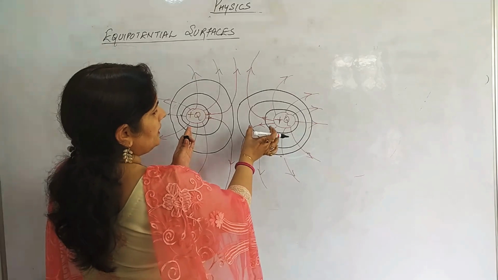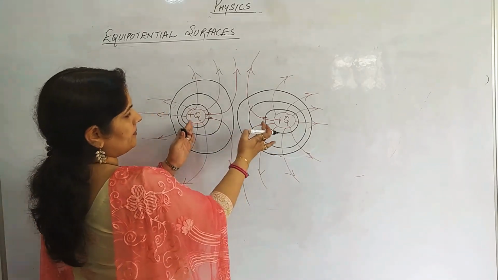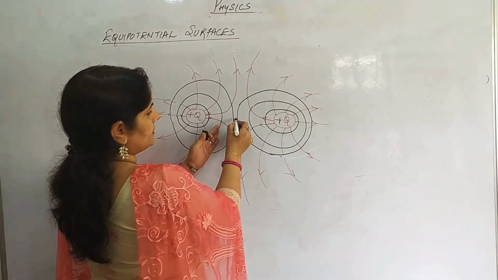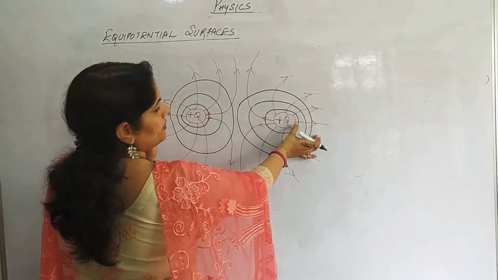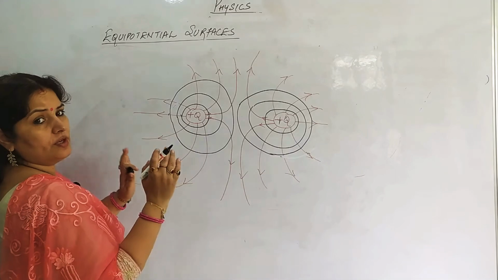The equipotential surfaces are farther because the electric field is very less here. These two are repelling, and the equipotential surfaces on the outer side will be closer.